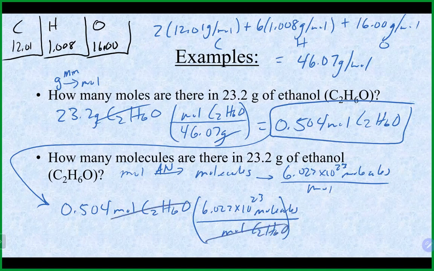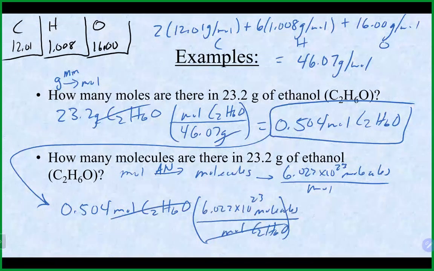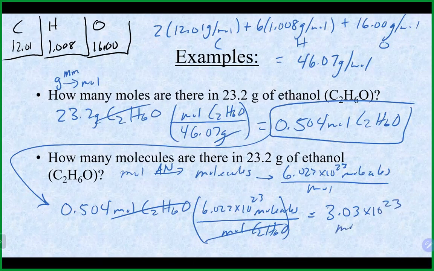Again, the moles will cancel. Multiply it by Avogadro's number, making sure again to use your exponent button, and don't add anything else to it. There we go. That's going to get us, we'll call it 3.03 times 10 to the 23 molecules of C2H6O.